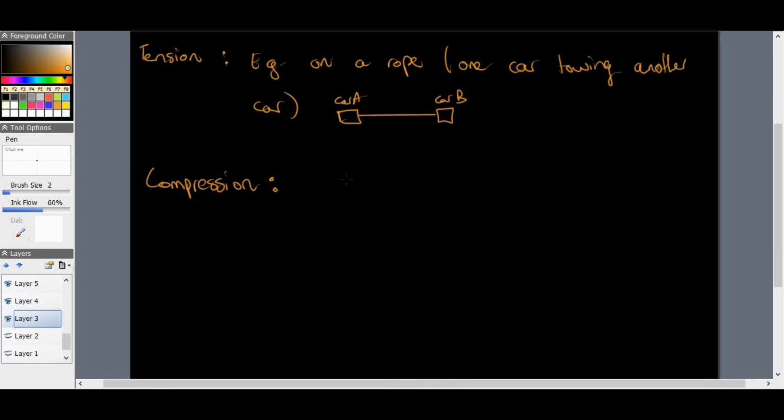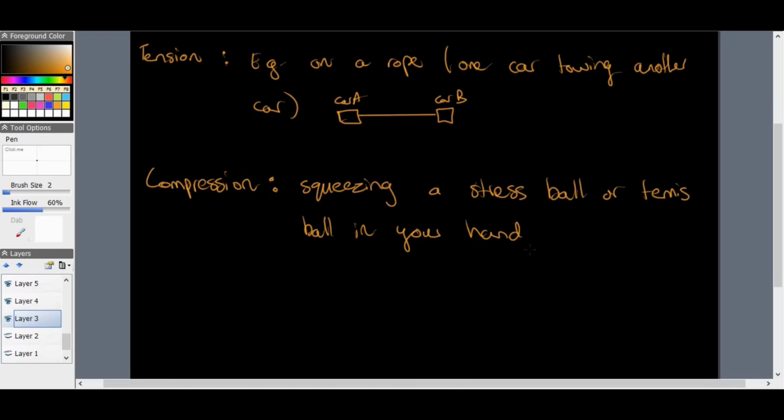Compression force could be when you're squeezing, so you're squeezing a stress ball or tennis ball, depending on how strong your hand is. That would be, of course, a force of compression, and that'll also be a contact force. I'm not going to get you guys to do any activity on this.